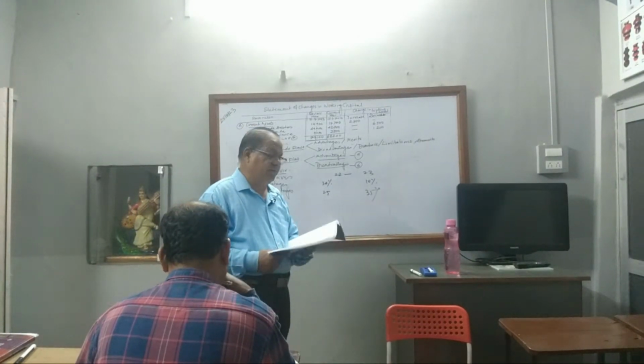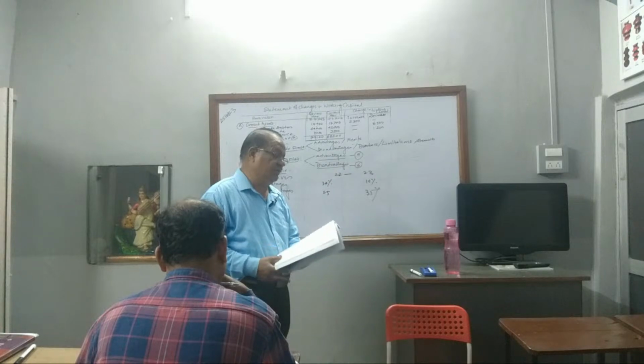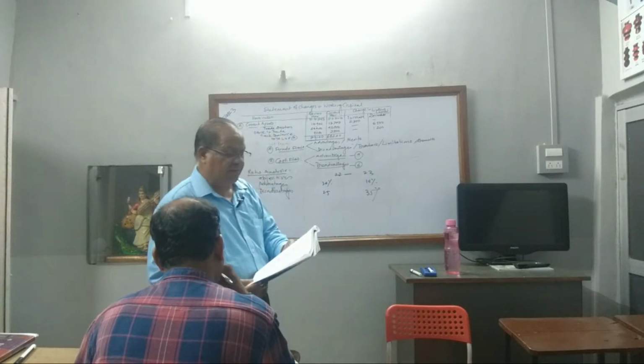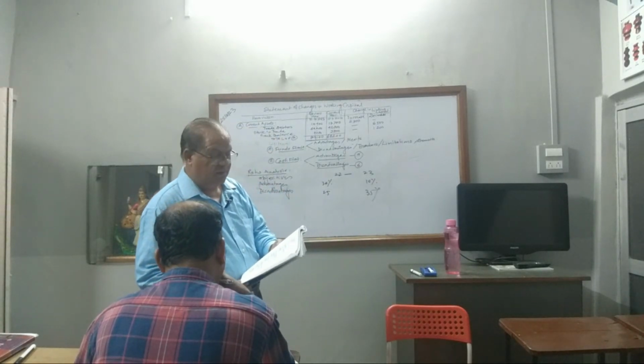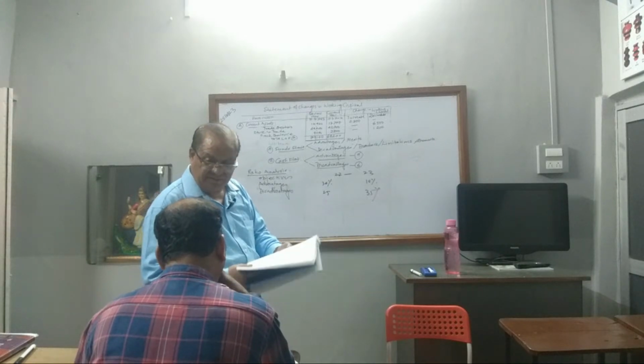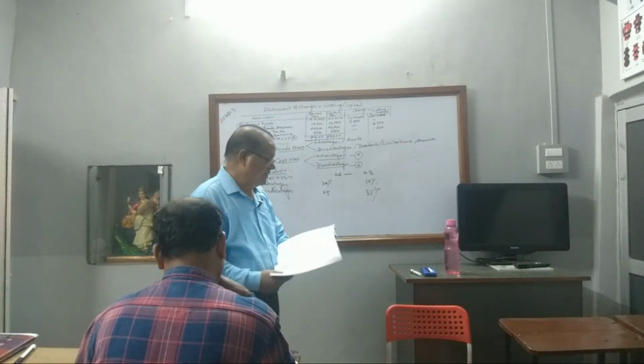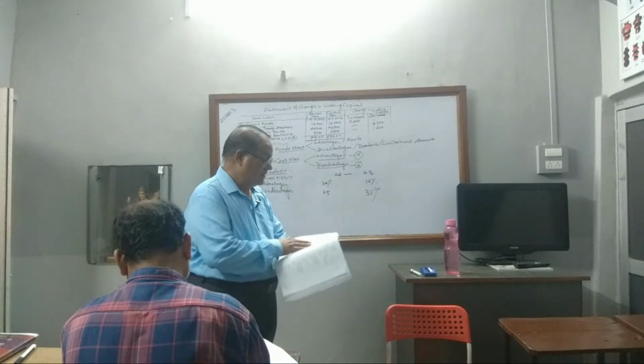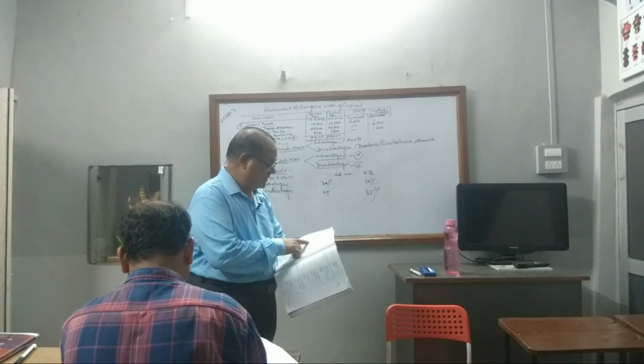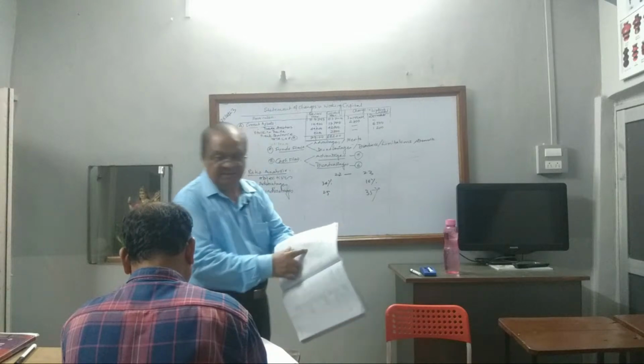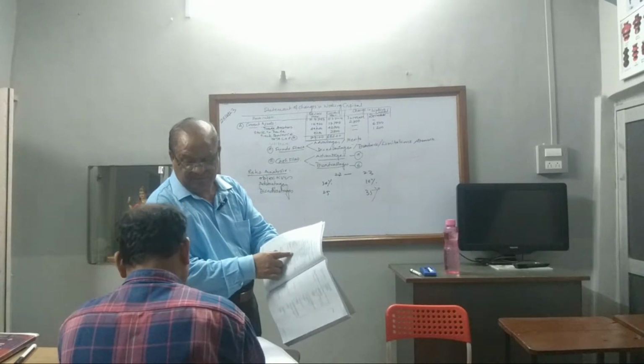Then it goes to the debt equity ratio. Here, long-term debt divided by shareholders' fund. Long-term debt is 5 lakh. Which is that 5 lakh long-term debt? Here, the 12% debenture, this is the long-term debt only.